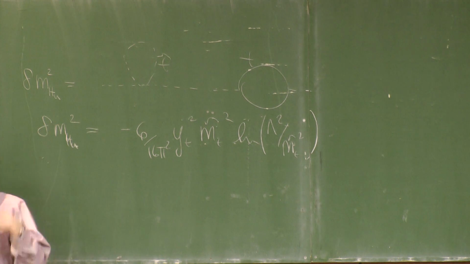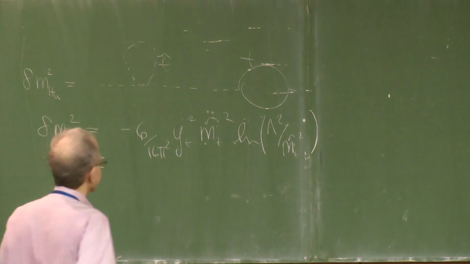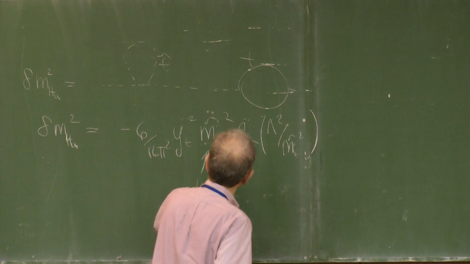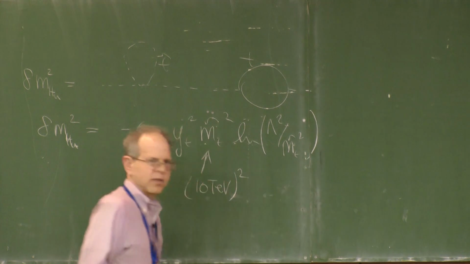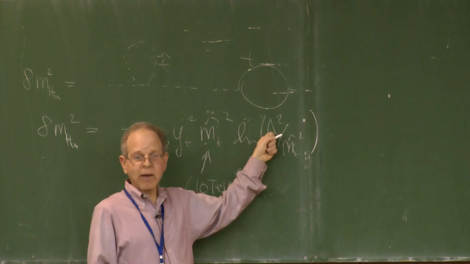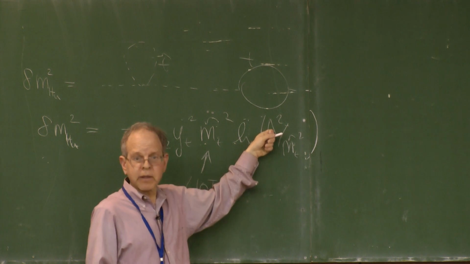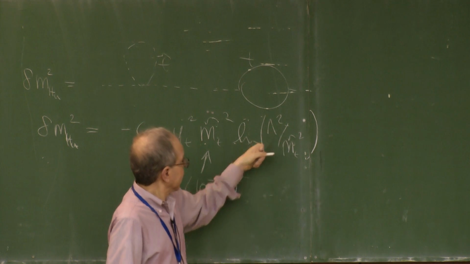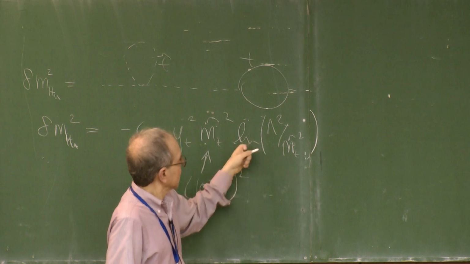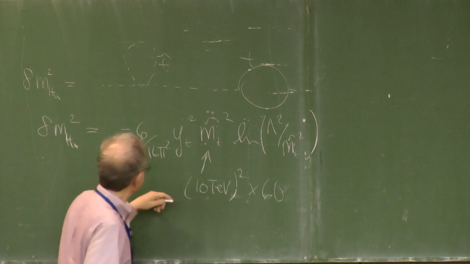This is the thing. We introduced all this structure to make this correction small. So let's ask what this is. If this is 10 TeV, so this is 10 TeV squared. I just want to make this sort of dramatic. If this log is like log of M Planck, well, it's like M GUT, say log of 10 to the 12 or something, and we got a 2 because we're taking the square, so this is 60 or so. Yt is like 1.